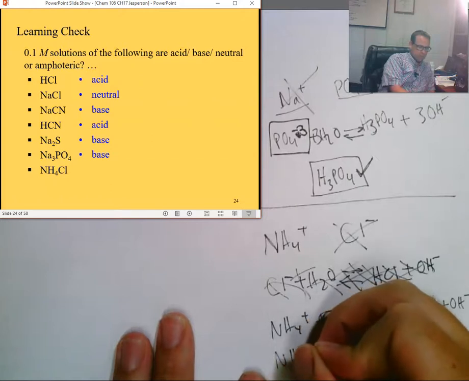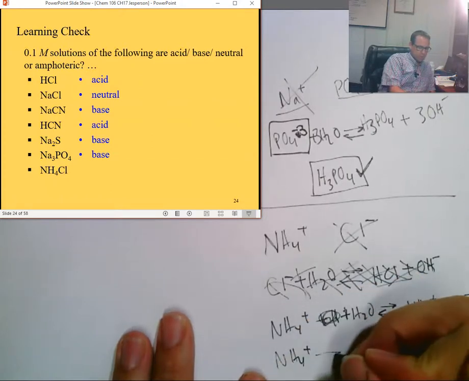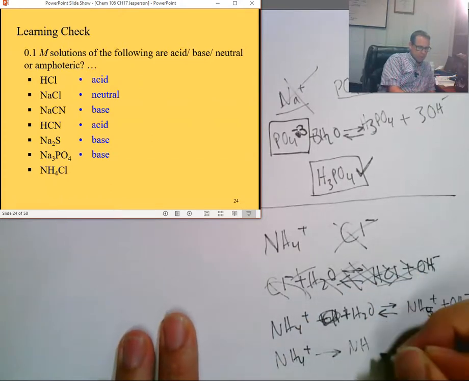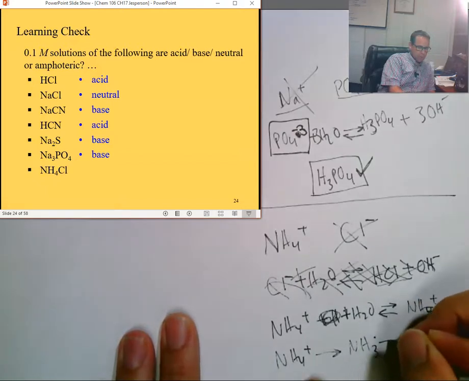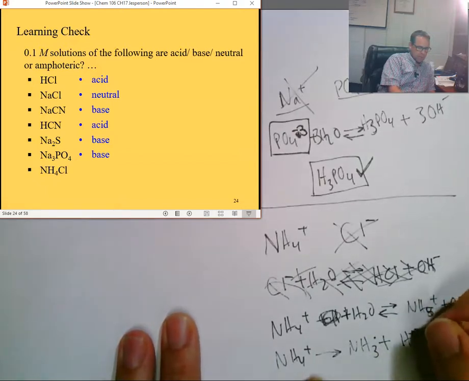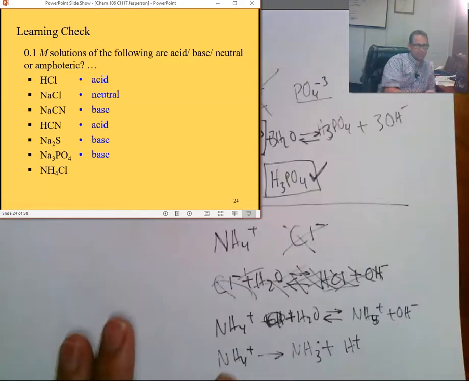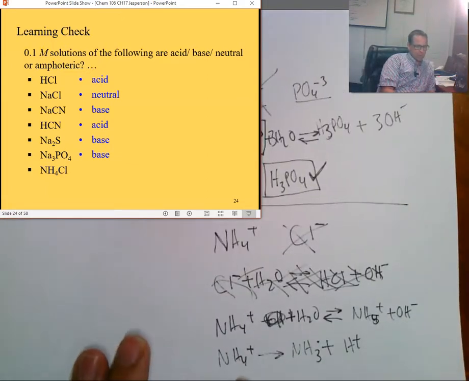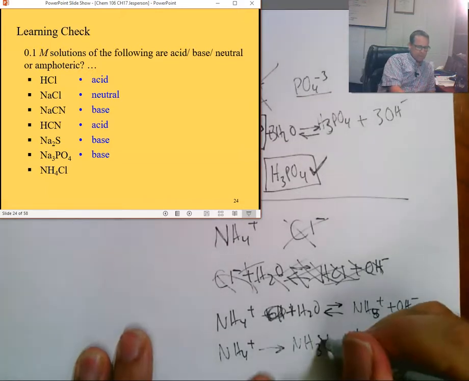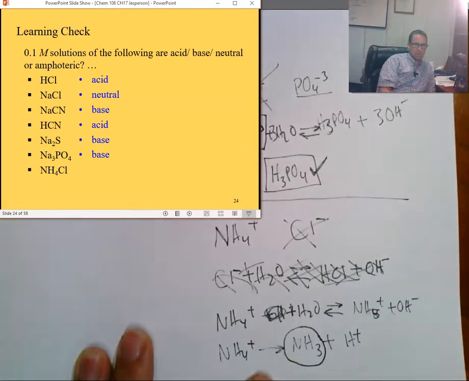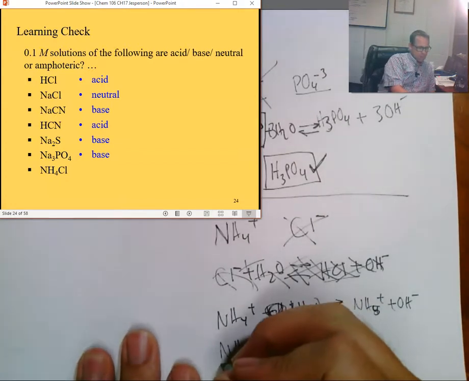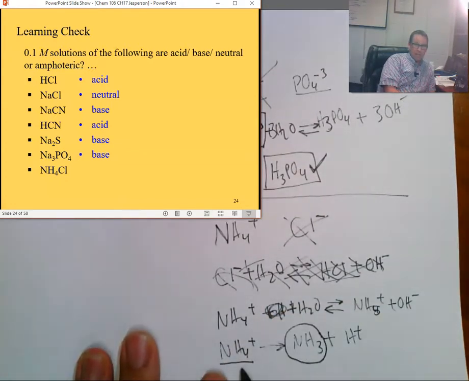Could it do this? NH4+ dissociating into NH3 and H+? I think so. Yeah, because this here is a weak base. A weak base. Therefore, its conjugate acid is a fairly good acid, right?